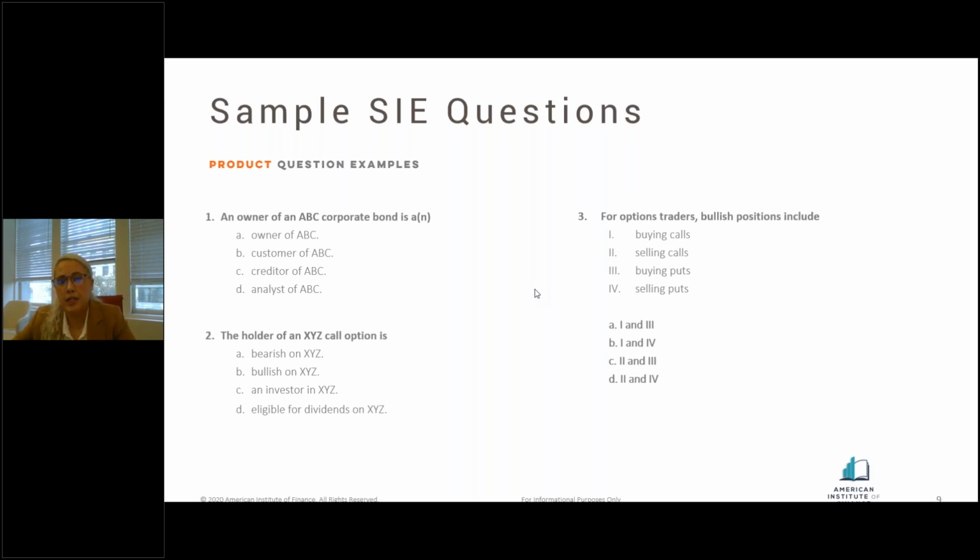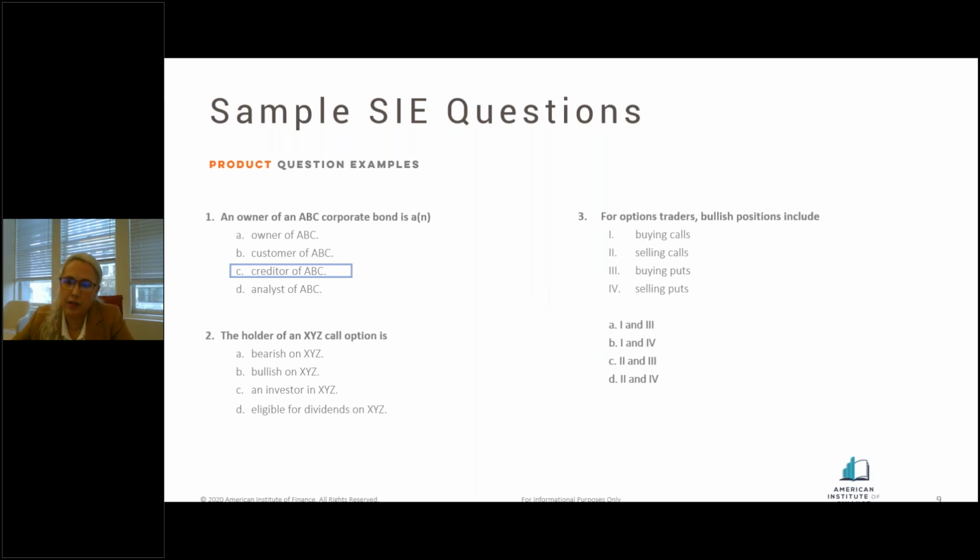And a creditor of ABC: as the owner of a corporate bond, a debt security, you have a credit on ABC. An analyst of ABC doesn't tell us much, but the right answer is C.